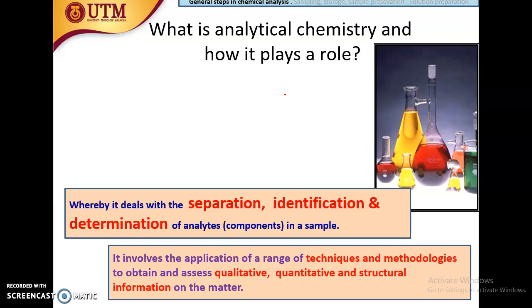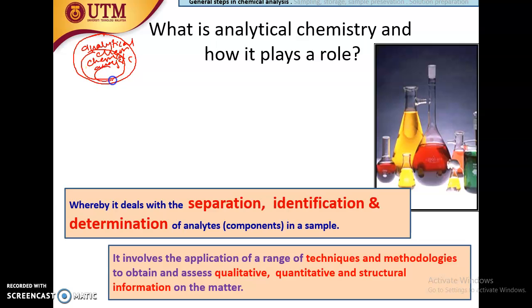I will explain now what is analytical chemistry and how it plays a role. You must understand analytical chemistry is a very big branch. Chemical analysis is the subset inside analytical chemistry.